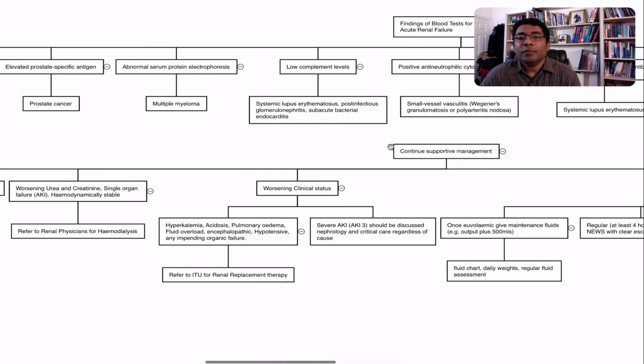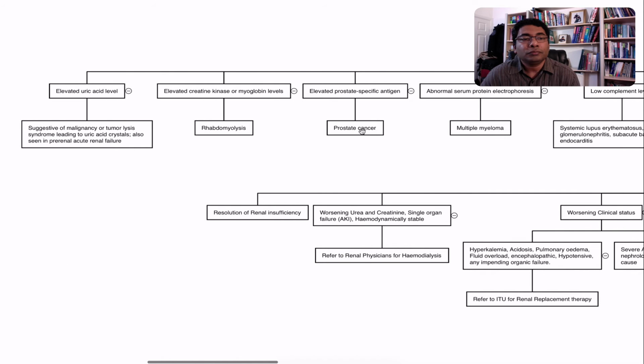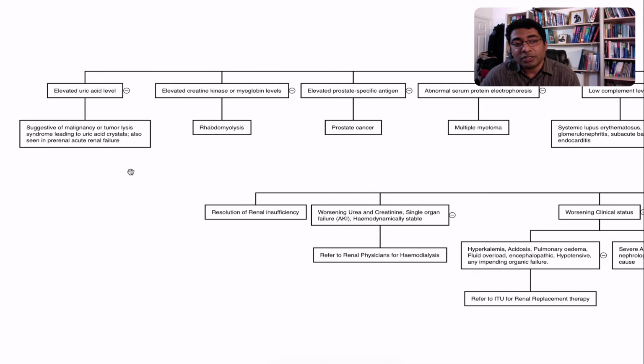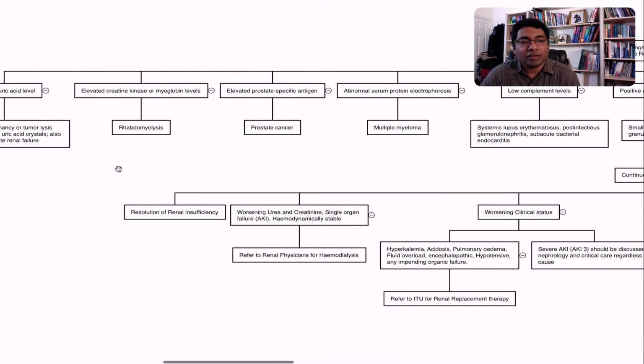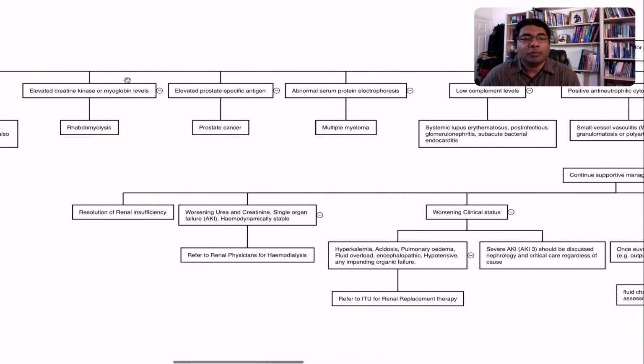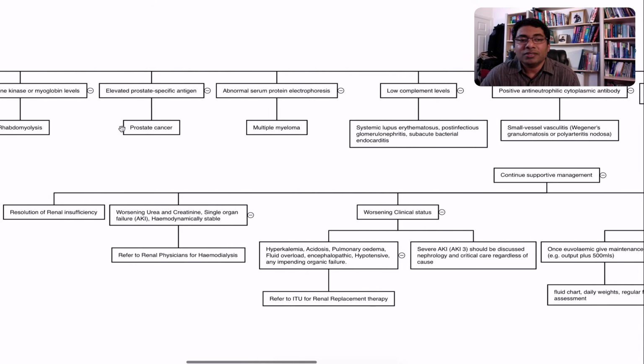Right, okay. And now let's look at the findings of blood tests for specific types of acute renal failure. If you have elevated uric acid levels, it could be suggestive of malignancy or tumor lysis syndrome leading to uric acid crystals, also seen in pre-renal acute renal failure. Elevated CK or myoglobin levels, as in rhabdomyolysis.